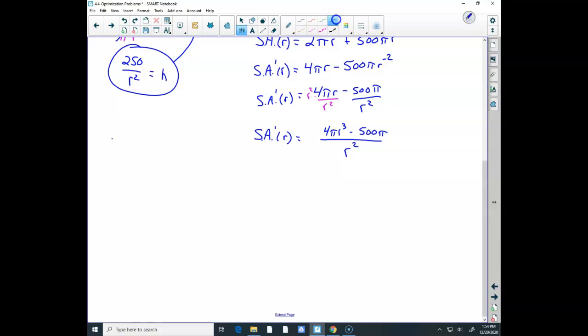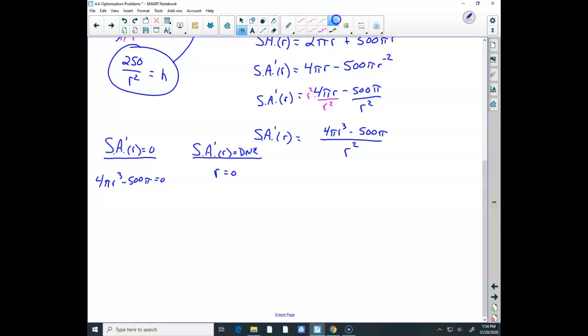So I can see, when does the surface area derivative equal 0? Well, that's when 4 pi r cubed minus 500 pi equals 0. And because I have a rational function this time, when does it not exist? Well, that's when r equals 0.